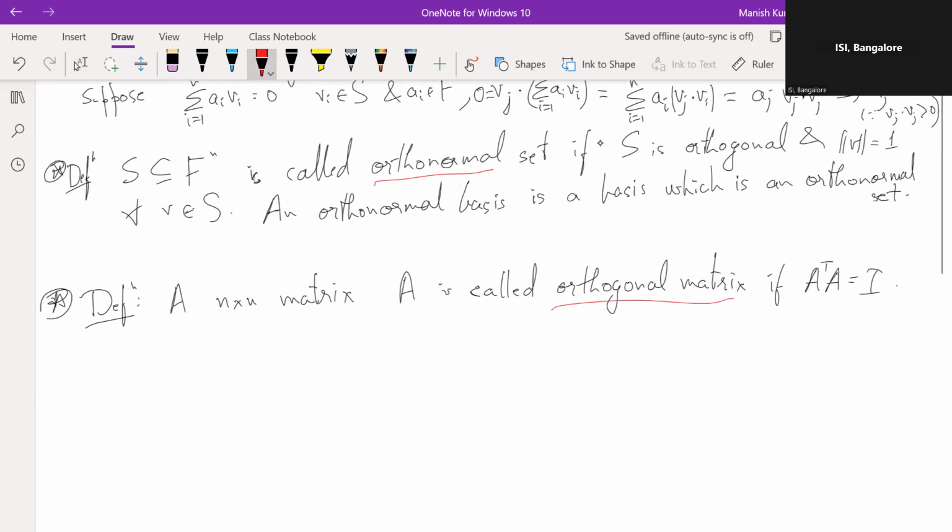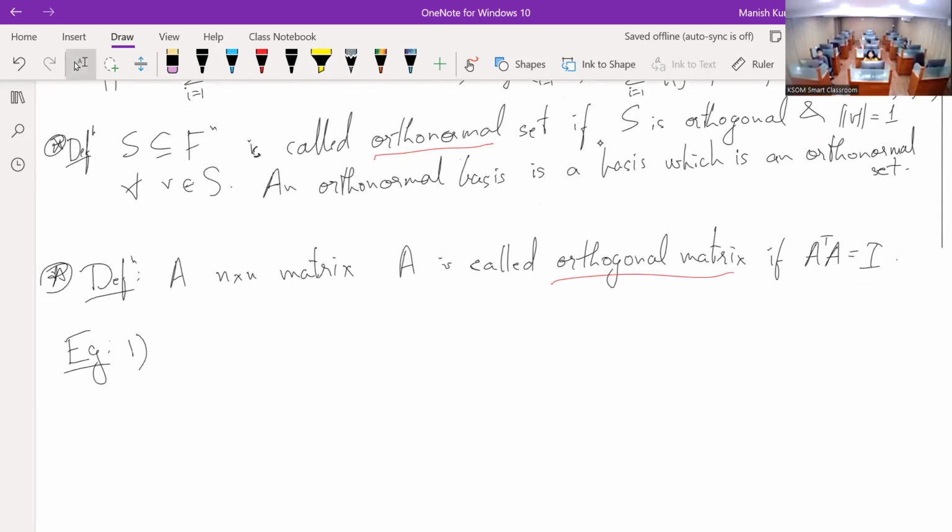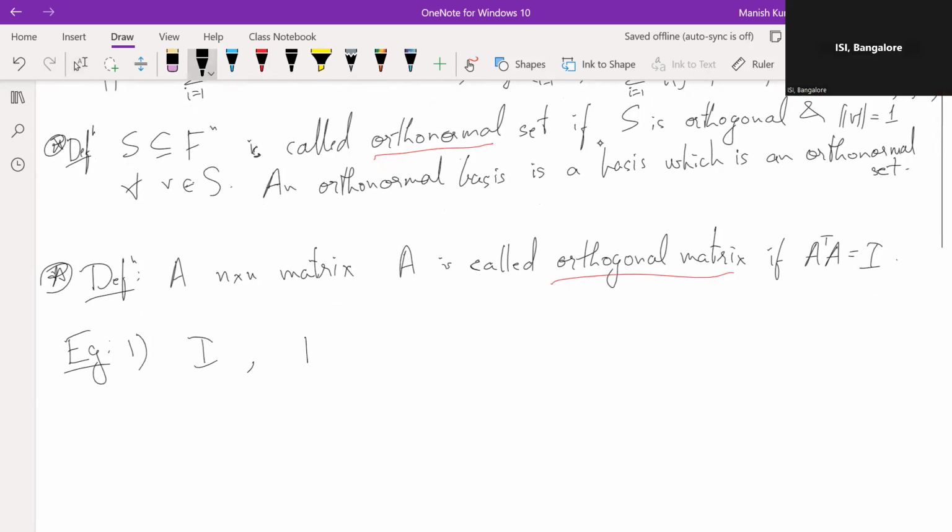What's an example of an orthogonal matrix? Identity, of course. Identity transpose identity is just I squared, which is I. That is one example.